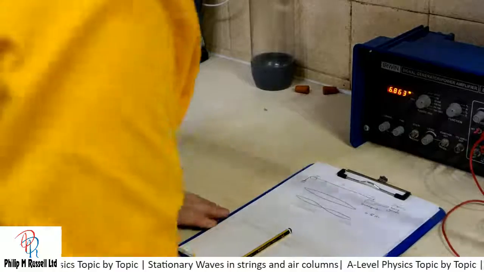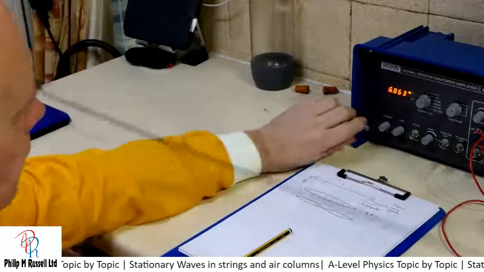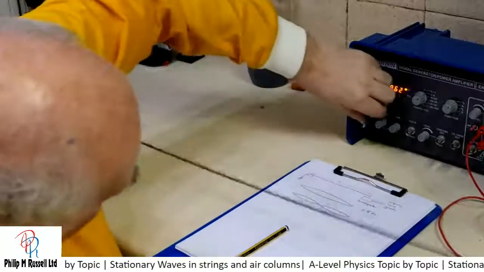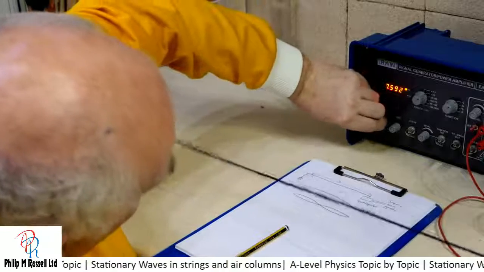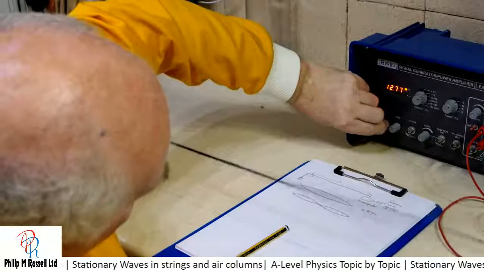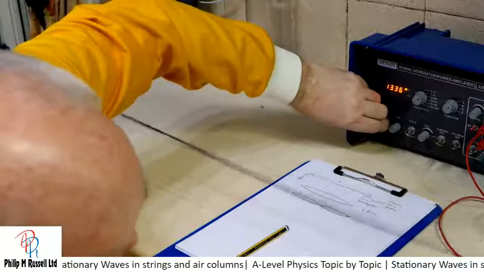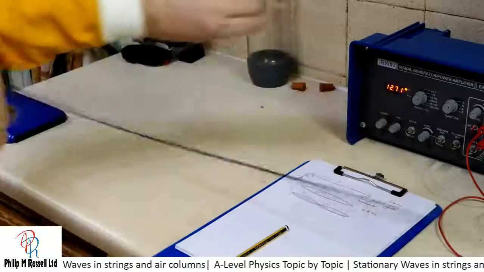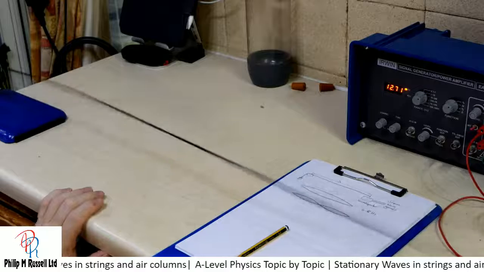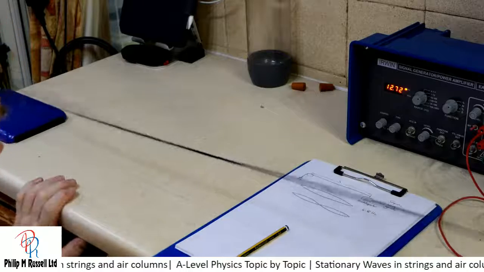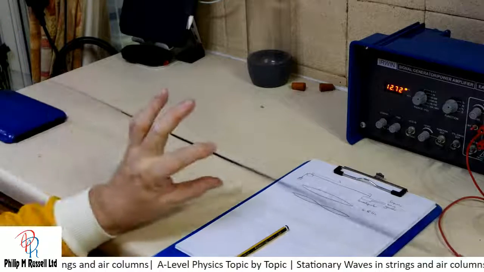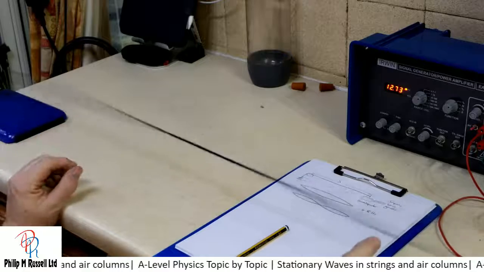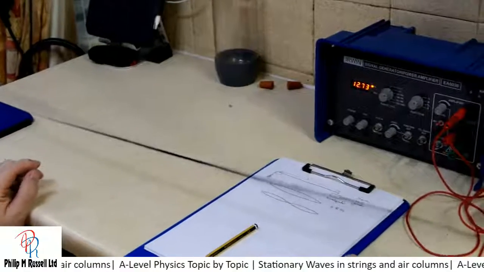Let's increase this up, and I've got to go over, and I'm going to take it to about 12. And round about 12 you can see that we've got 2 loops going.